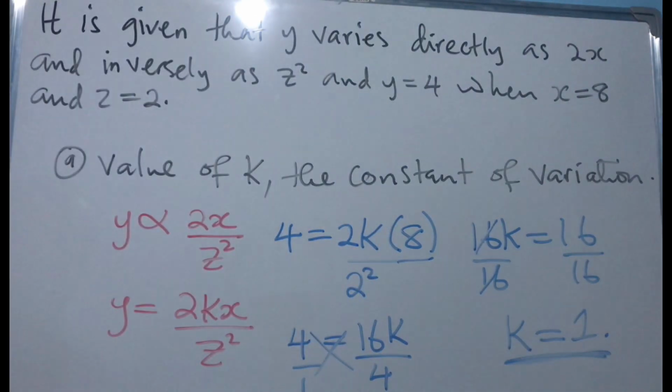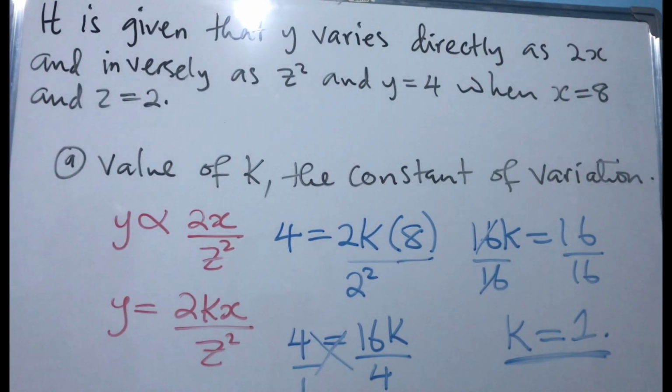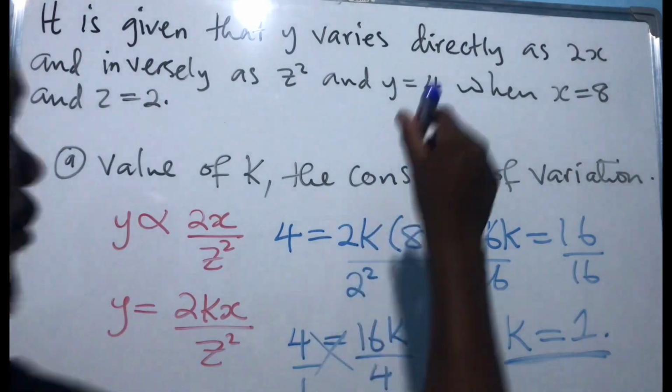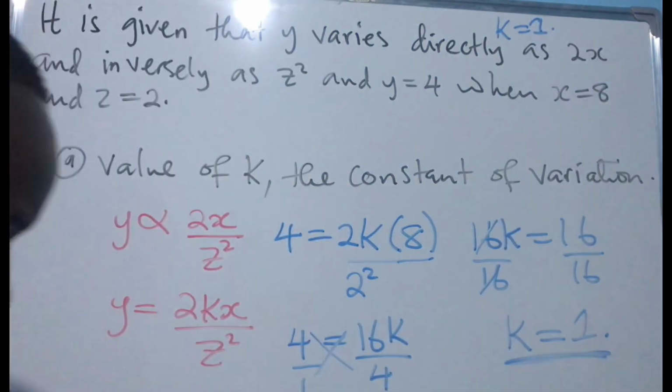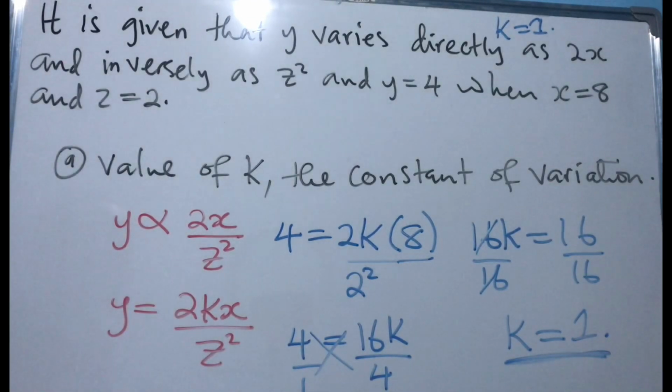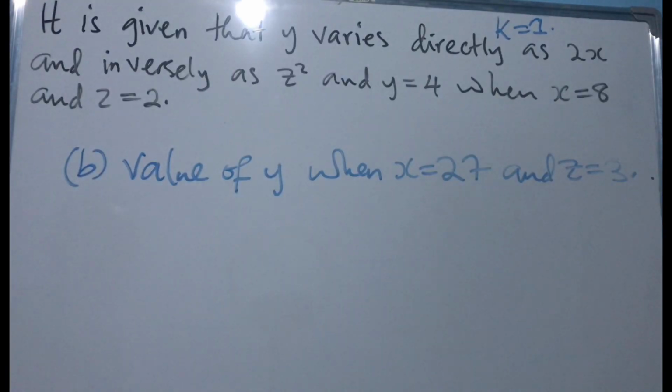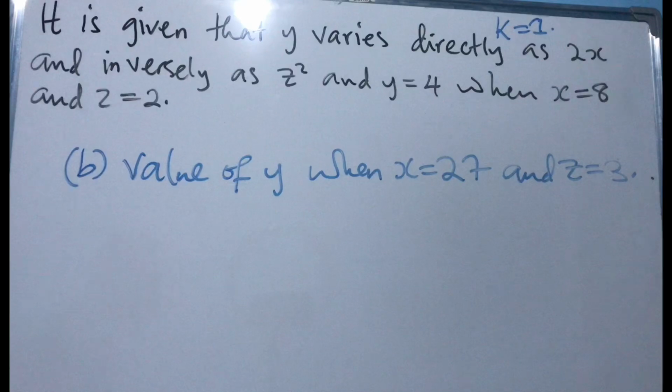Let me write the second question. The value of k, I'll just write it somewhere, maybe even on top here. Say k equals 1. Okay, then let's go to the next question. What will be the value of y when x equals 27 and z equals 3?